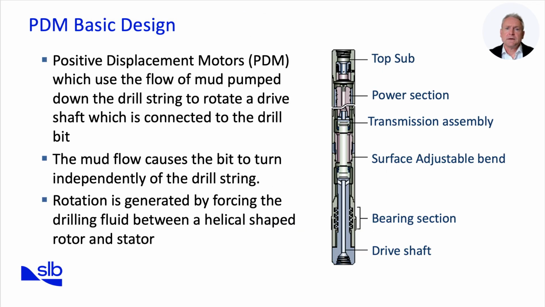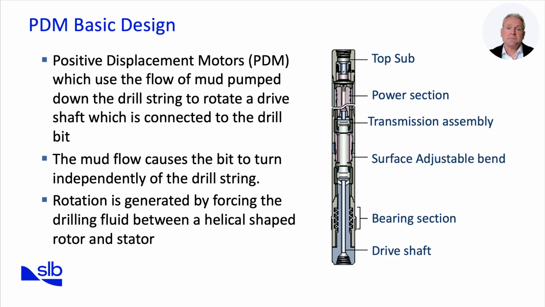At its core, the PDM consists of 3 main sections: the power section, the transmission section, and the bearing assembly. The power section is where hydraulic energy is converted into torque using the rotor and stator combination. The transmission section transfers this torque through universal joints or flex shafts, ensuring that the eccentric rotor motion is translated into smooth rotation.